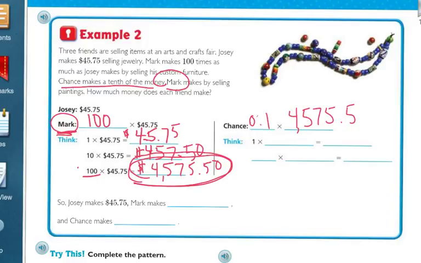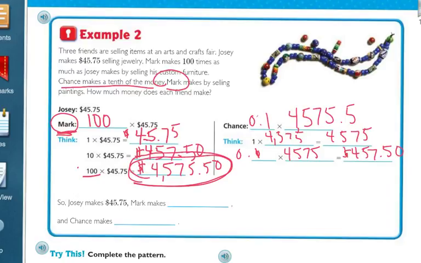So we're going to think 1 times $4,575 is $4,575, right? So 0.1 times $4,575 is $457.50.